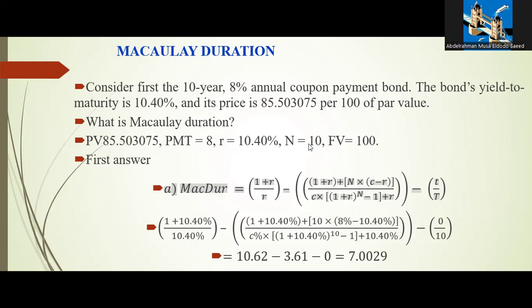N is years, which is 10, and FV is the par value, or sometimes they call it face value. So we use the same equation, and then we will get the results.